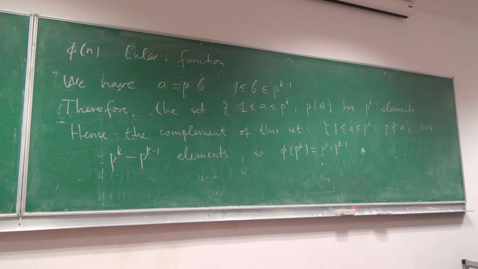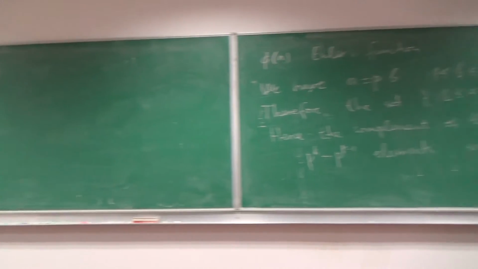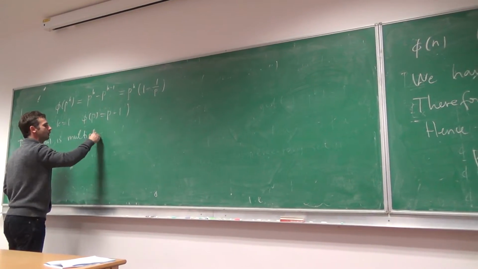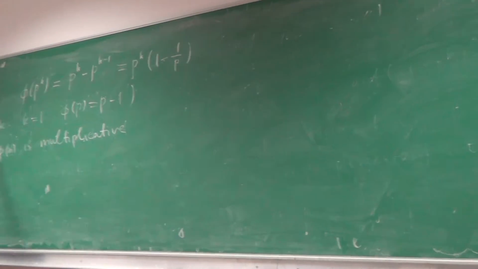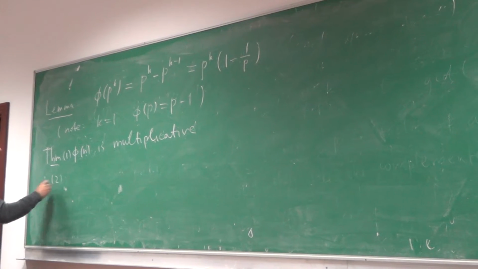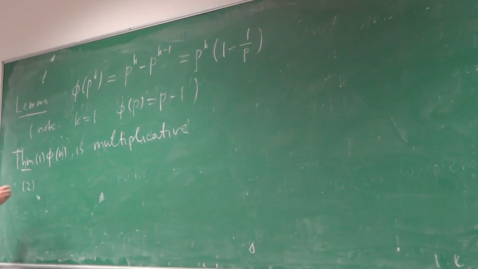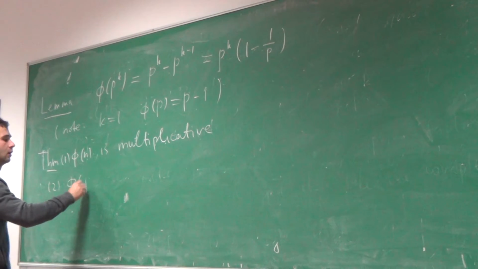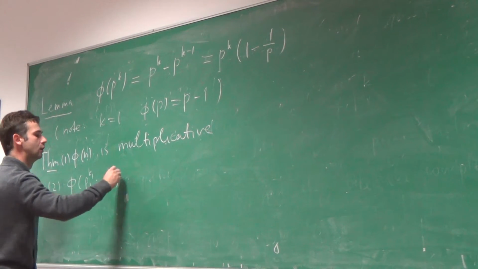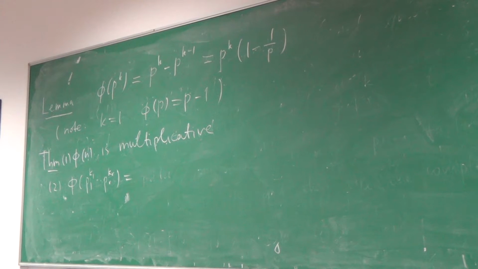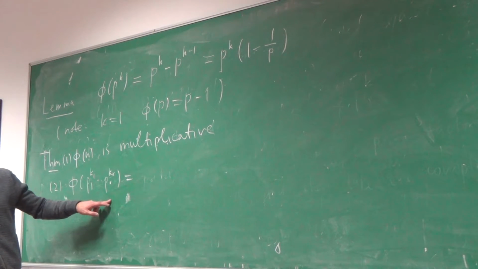Okay, so the next result is putting everything together. We want to say that phi of n is multiplicative. So the usual kind of two things: first multiplicative, and second the formula. So phi of a prime power factorization will have a nice formula, just as for sigma and tau last time, which was yesterday.